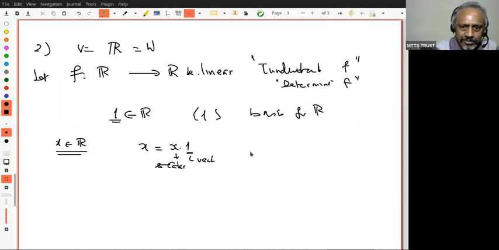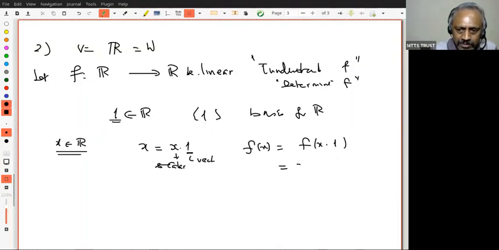Now, since f is linear, what do I know? f of x must be f of x dot 1. Now, I'm going to pretend x is a scalar and 1 is a vector. Since f is a linear map, it should come as x times f of 1. x comes out, then f of 1.